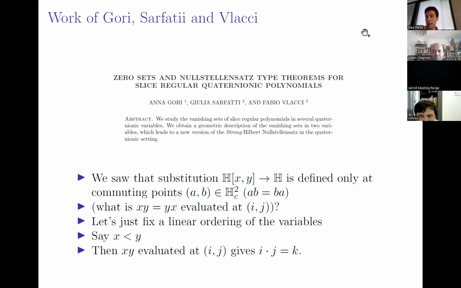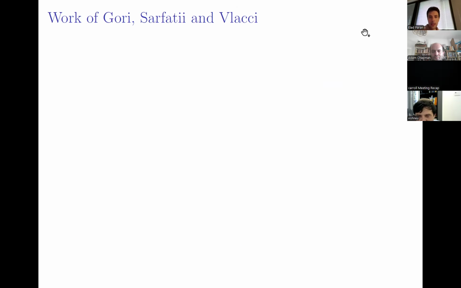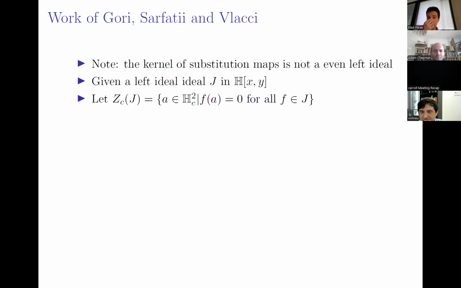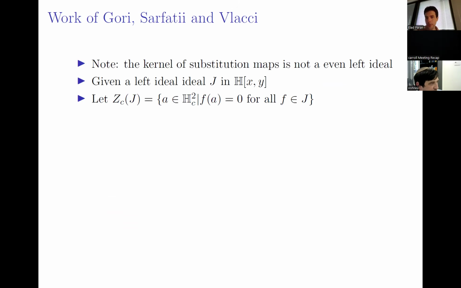However, this comes at a cost, at a loss of structure. Now, the kernel of the substitution map with this definition is not even a left ideal. So this is a problem. But the good news is that if you have a left ideal J, then we have to consider two kinds of sets of zeros.